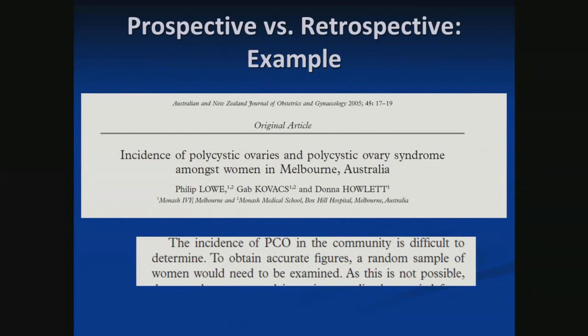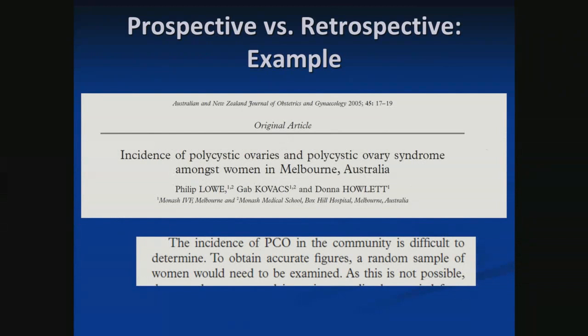So they were saying the incidence of PCO in the community is difficult to determine. So to obtain accurate figures, they had this brilliant idea. Let's go to a fertility clinic. Let's sample 100 men that have infertility, and let's ask for their partners to be recruited.